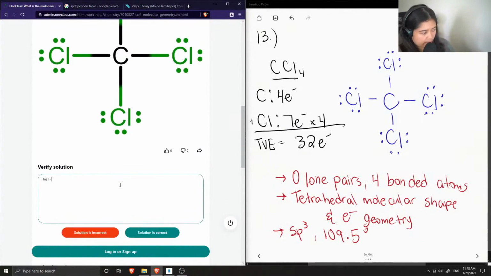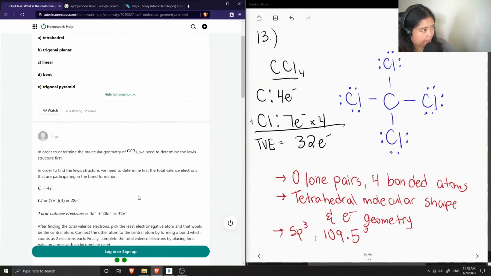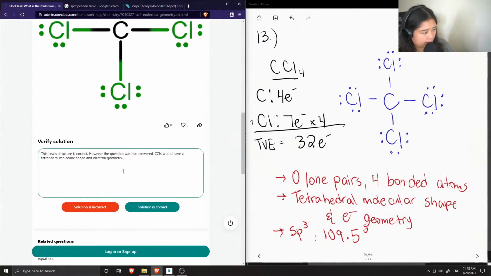So this Lewis structure is correct. Okay, so therefore option A.